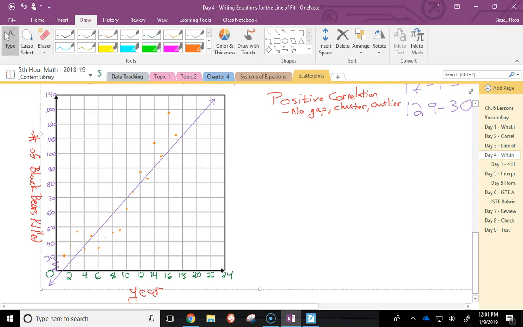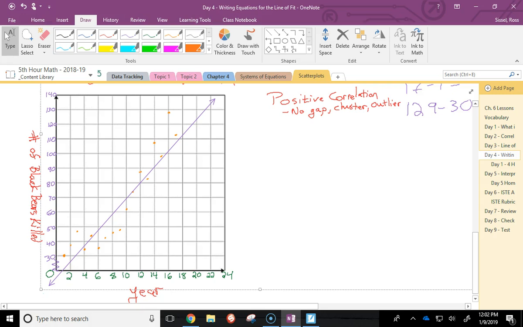Here's the last part that we have to do. How do we write our equation for our line of fit? That's going to be your homework. Your assignment is going to be looking at those 3 graphs that we've done every day, and you have to figure out what is the equation for each one of those 3 lines that you did on your homework yesterday. Here's how.